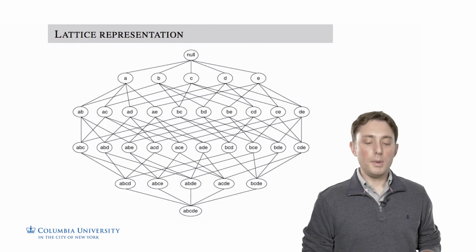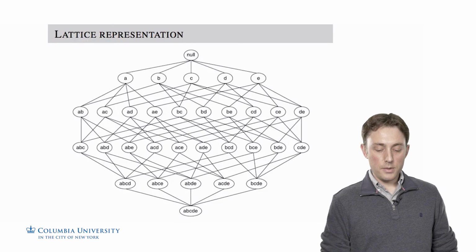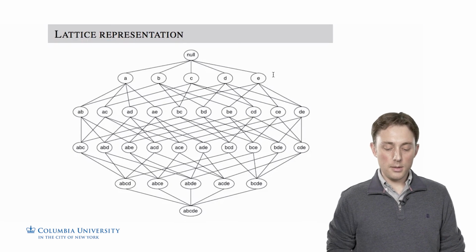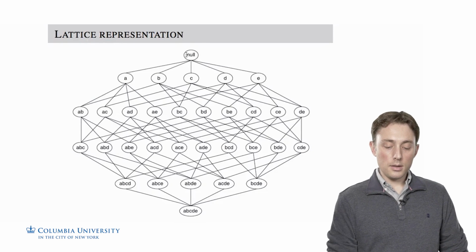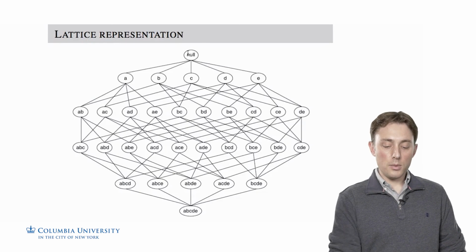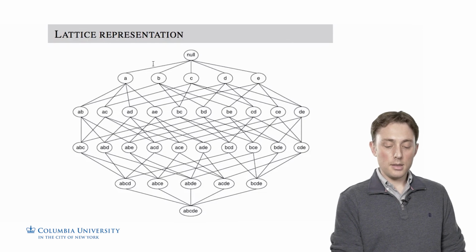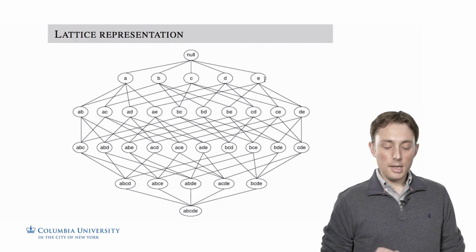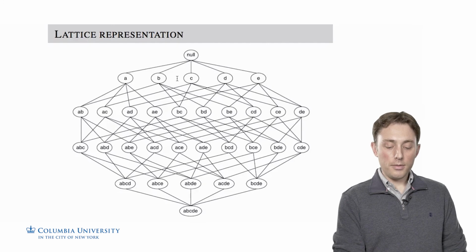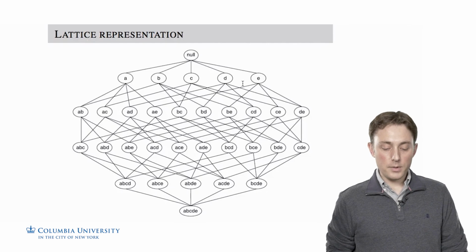So this structure can be put into a lattice representation, and we'll return to this figure later. We start with the null subset, so this is the subset with nothing in it. And then we can move on to subsets of size 1. If we have 5 objects, if p is equal to 5, then we label them A, B, C, D, and E. Then we have all of the 5 subsets of size 1 to check.